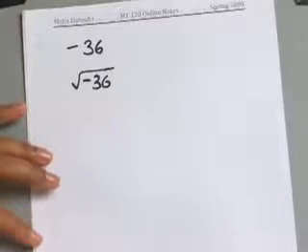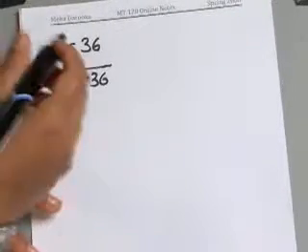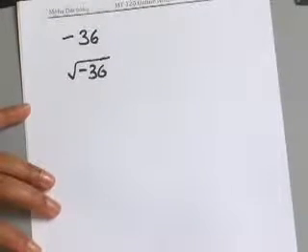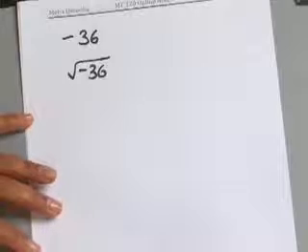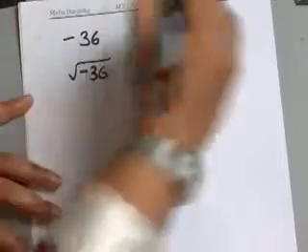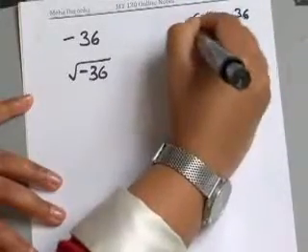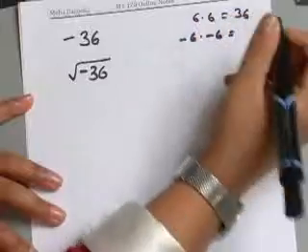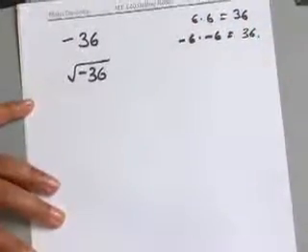So basically what are we saying? We are saying what number can you square that will give you negative 36. If you take positive 6 and multiply it by itself, you get a positive 36. If you take a negative 6 and multiply it by itself, again, two negatives become a positive, and you still end up with a positive 36.